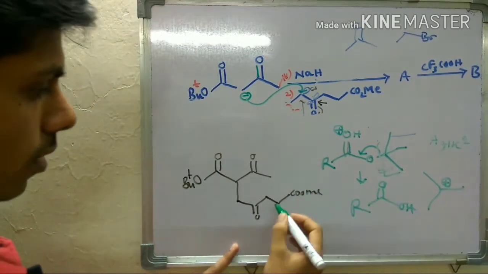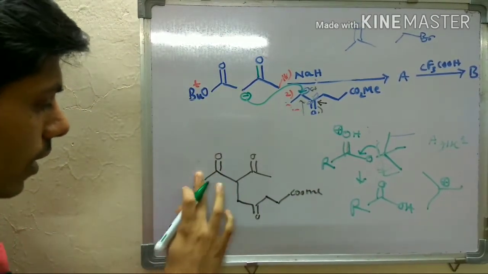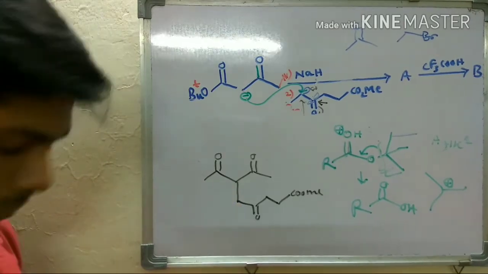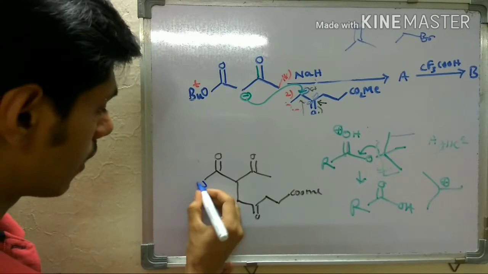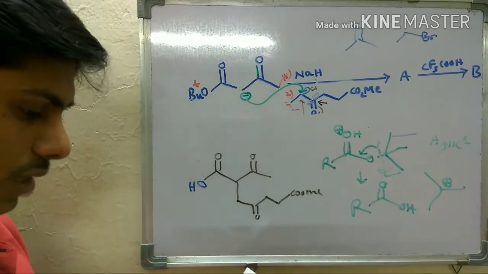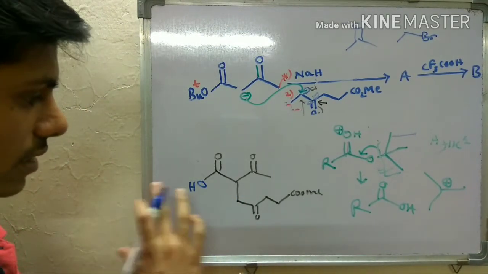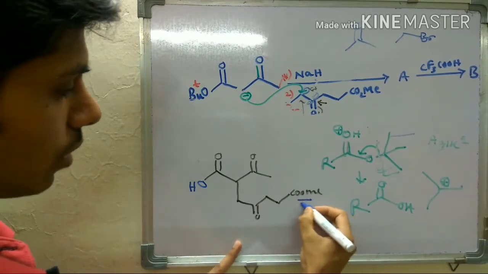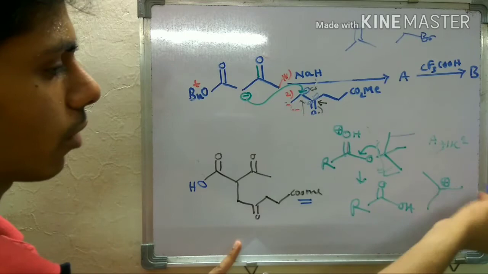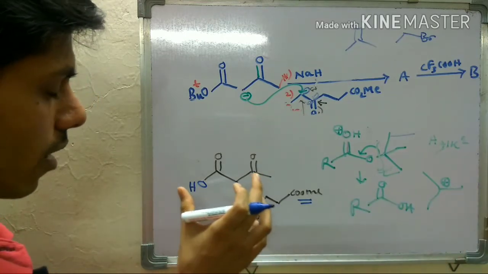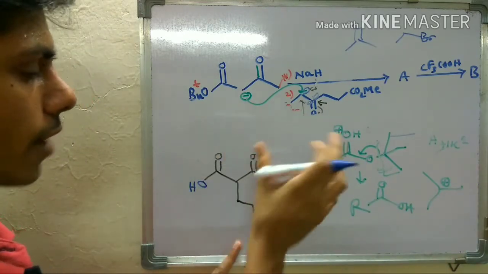So here you will get an OH group after the second step. Now this ester will not hydrolyze because it is a methyl group, and a methyl group cannot form a carbocation like this. So this is the initial product of hydrolysis.